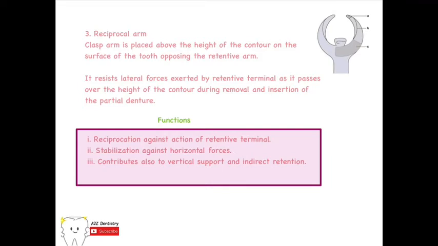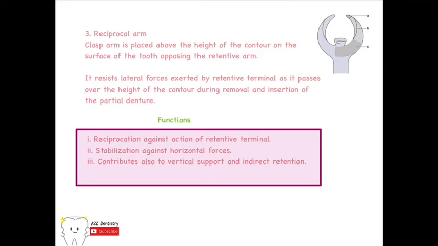This clasp arm is placed above the height of contour on the surface of the tooth, opposing the retentive arm. It resists the lateral forces exerted by the retentive terminal as it passes along the height of contour during removal as well as insertion of our RPD.